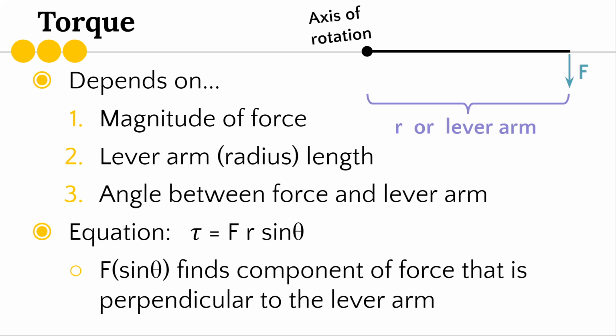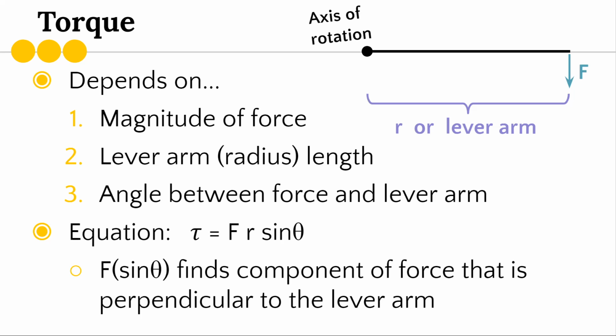lever arm. The equation for torque is torque, which is the Greek letter tau. It looks kind of like a T, and is equal to F R sine theta. So that's your equation. F sine theta finds the component of force that is perpendicular to the lever arm.